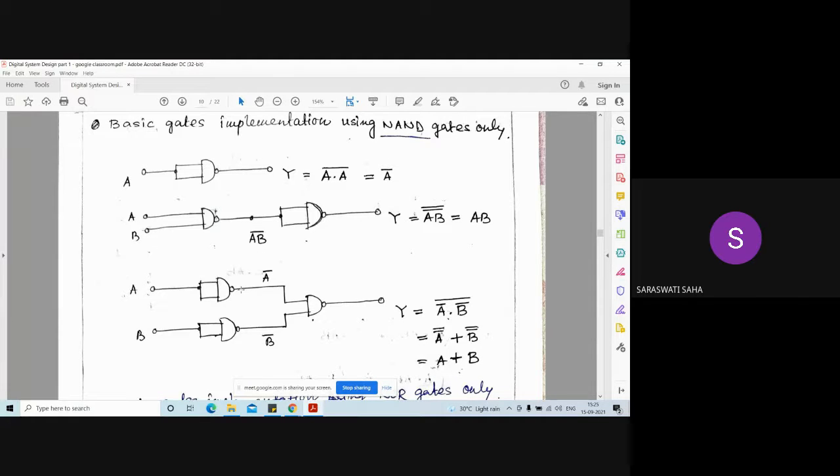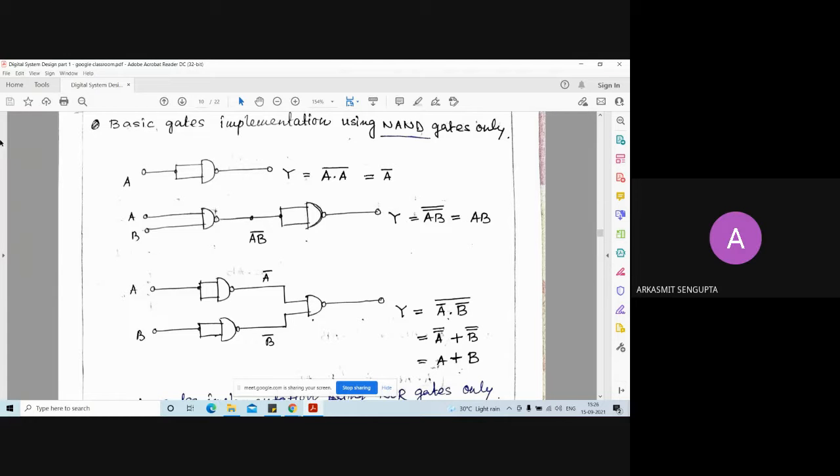And then again the complement of that A naught gives us 0. So we get the original input, right? So if we take the double complement of this product term, we will get the original term. Do you agree?